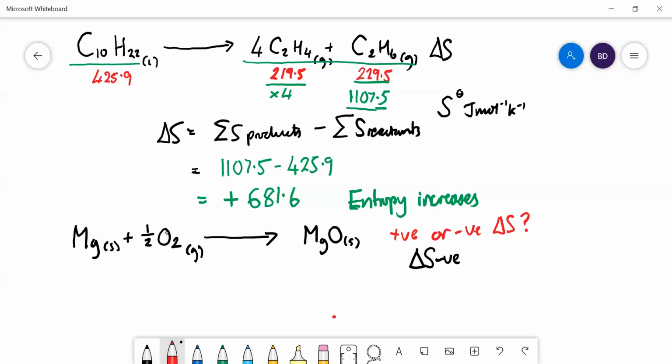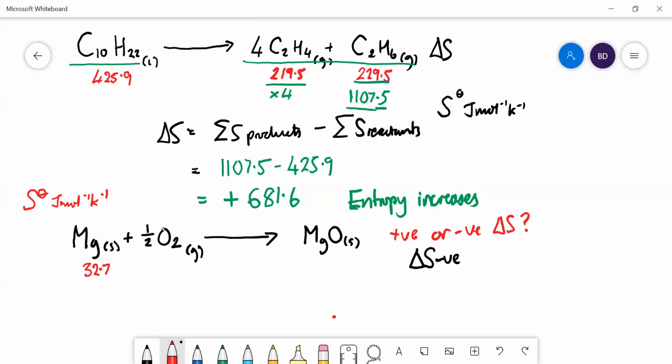All right, so let's put the values in. The S values, if you look at the data book, are in joules per mole per Kelvin. For magnesium, it's pretty low, 32.7, because it's a solid. Oxygen, now this is quoted per atom of oxygen in the molecule.